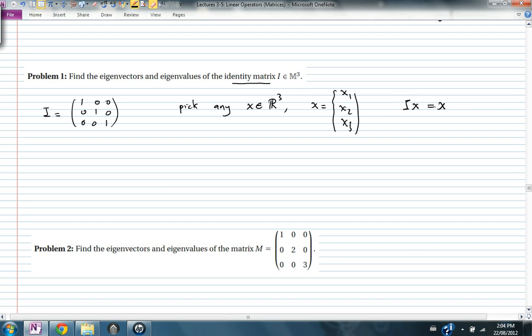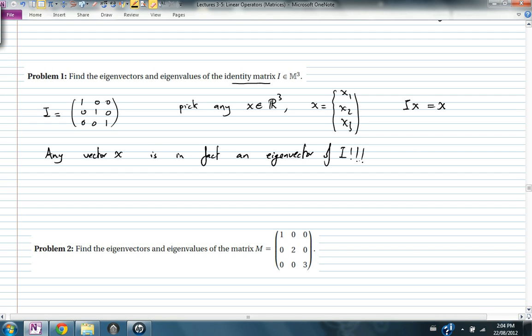What does this mean? It means that any vector x is in fact an eigenvector of I. So any vector is an eigenvector because it keeps its direction.